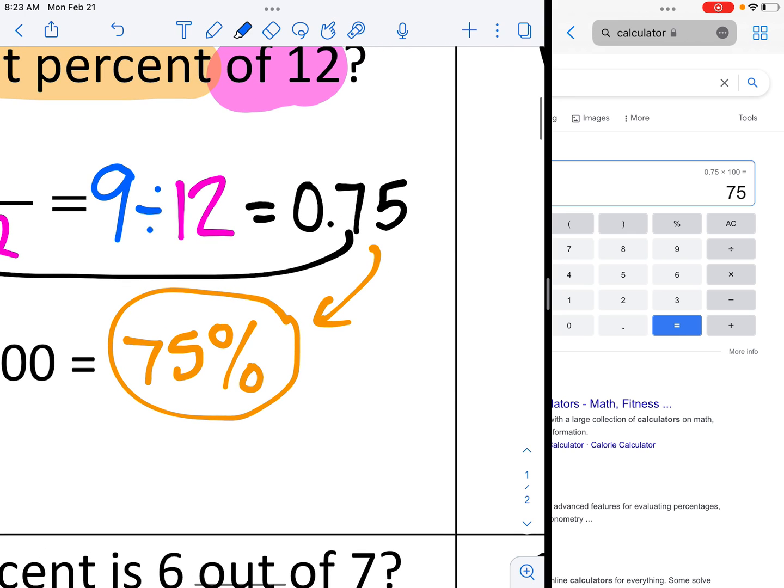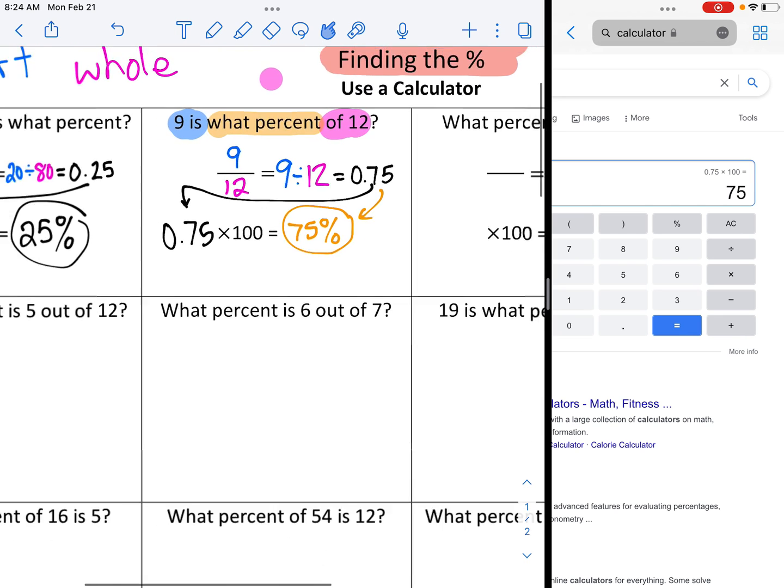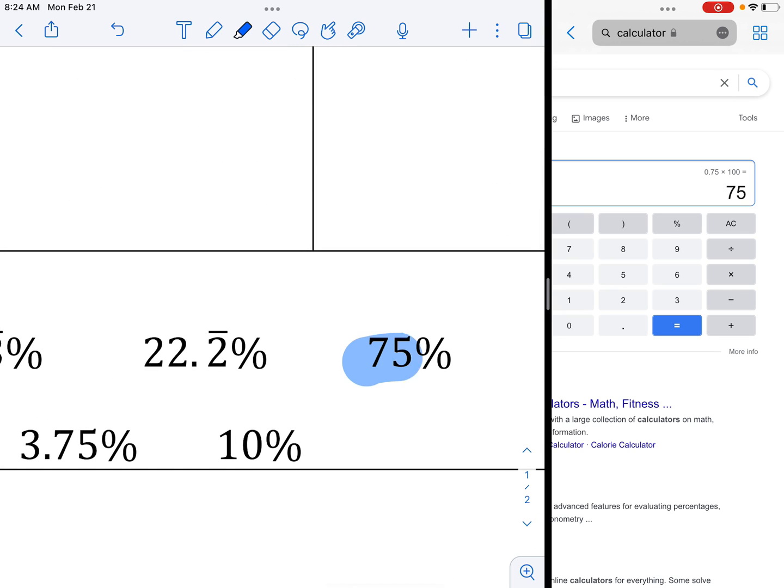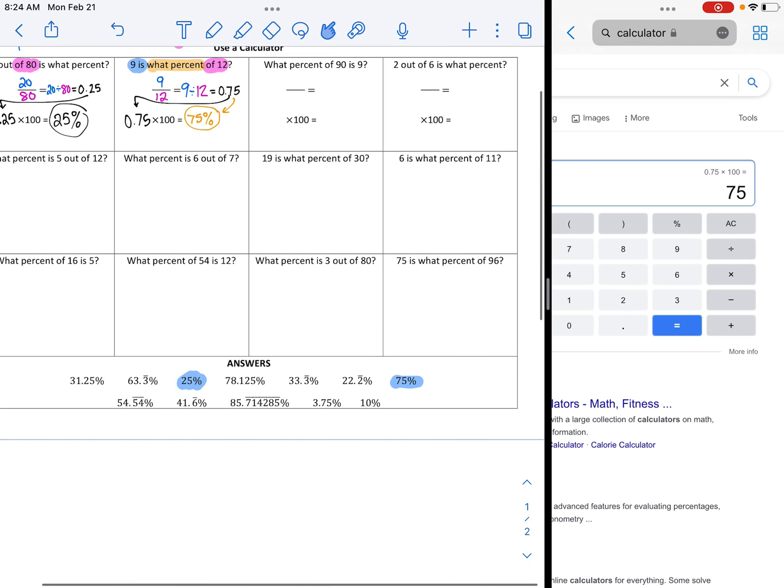See how this one up here does not have a percent sign, doesn't have anything behind it. That is equivalent to writing 75 with a percent sign. And that's down here.